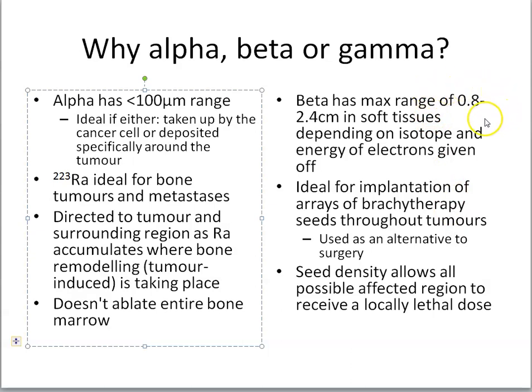They have a maximum range, depending on the energy of the electrons emitted, of 0.8 to 2.4 centimetres throughout soft tissue. So if you've got radioactive implants in the prostate, you're going to space them a centimetre apart, that sort of range, maybe even closer, and you can then create a matrix to calculate how they should be implanted to give even coverage of the entire prostate.